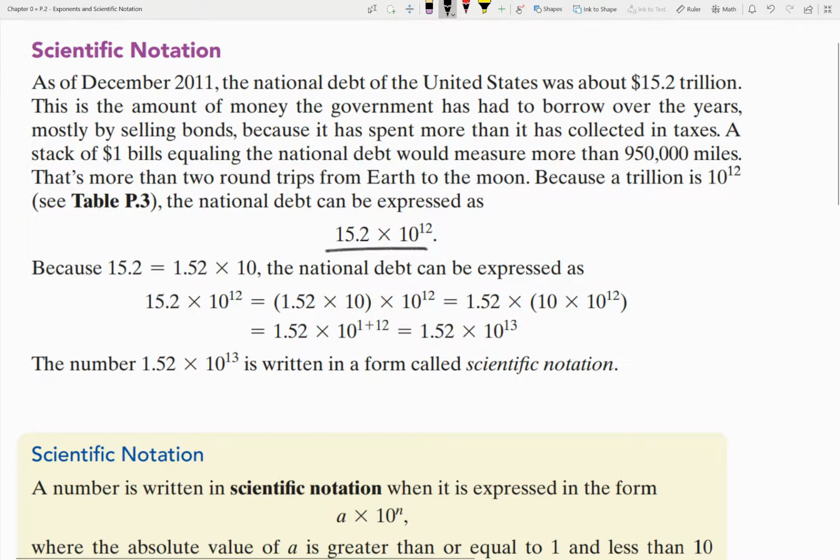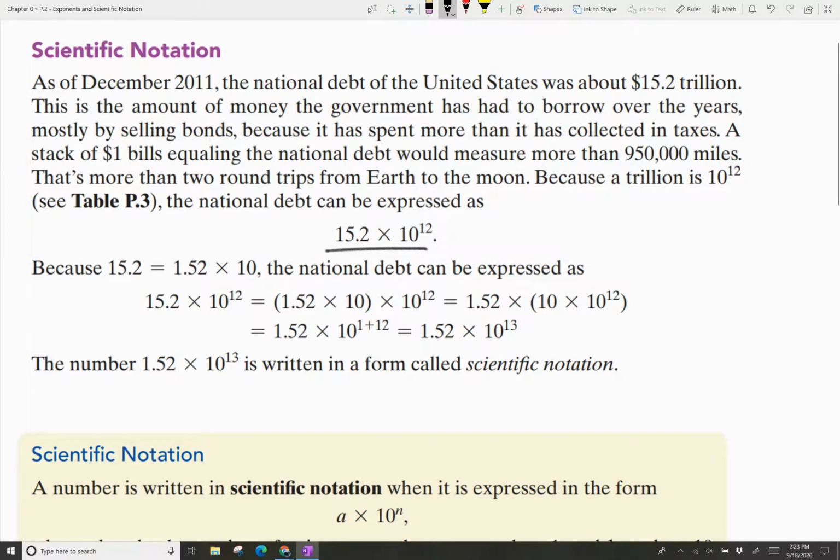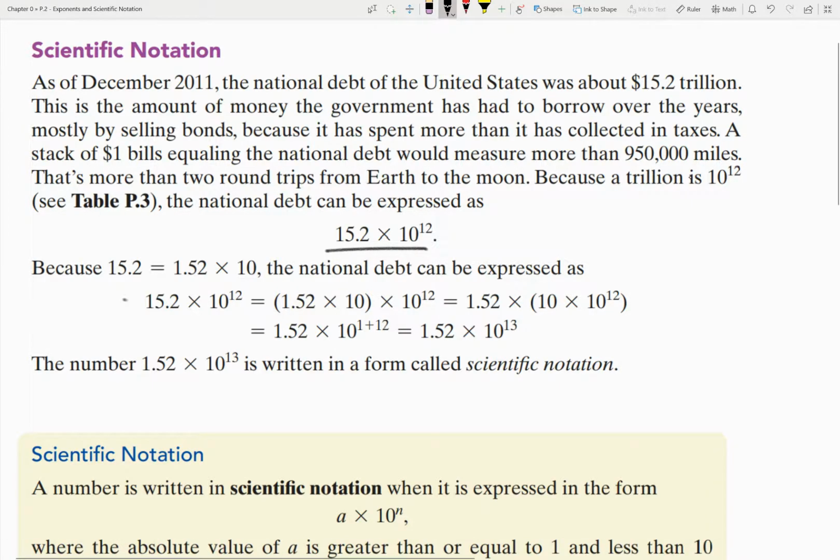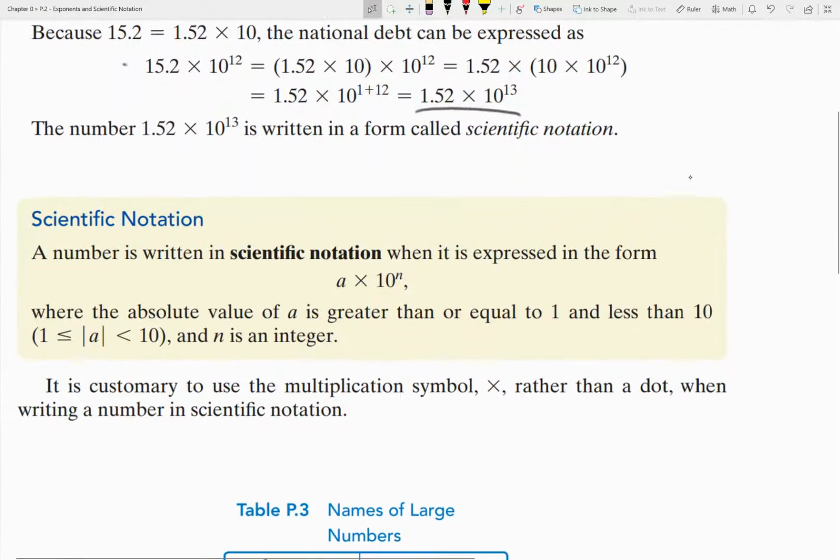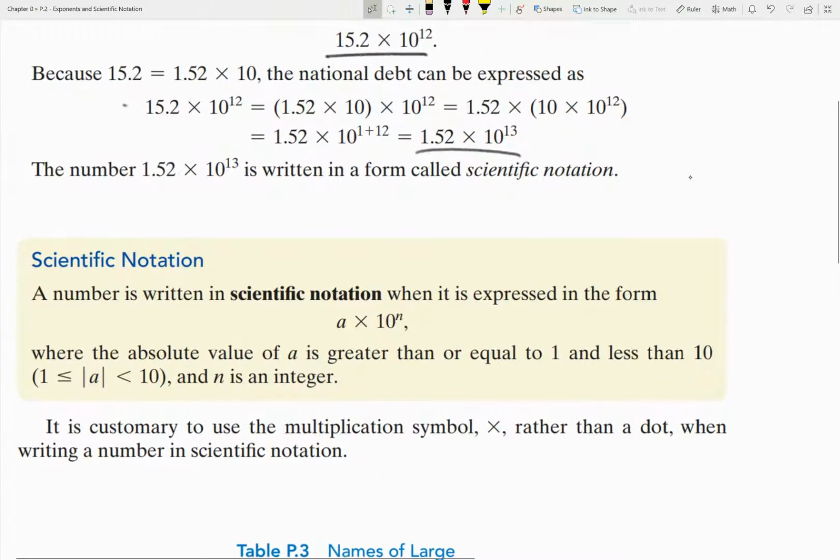Normally with scientific notation, because 15.2 is equal to 1.52 times 10, we can express the national debt in scientific notation with one more power of 10, as 1.52 times 10 to the 13th. So what is scientific notation?